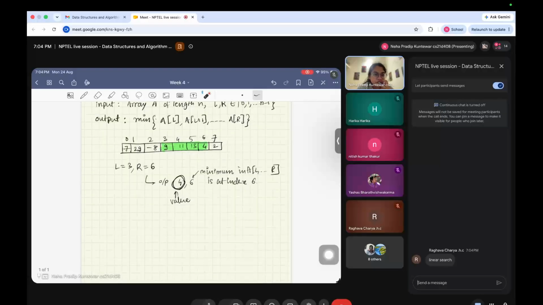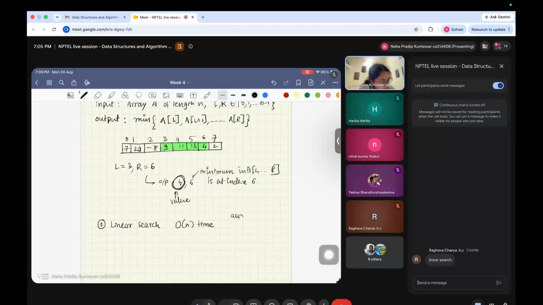Linear search would mean that you're spending order n time, and there is no extra space.